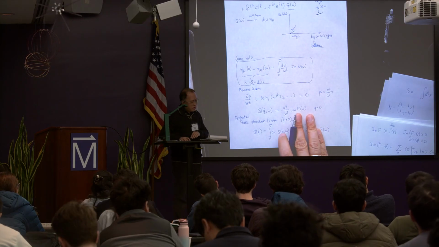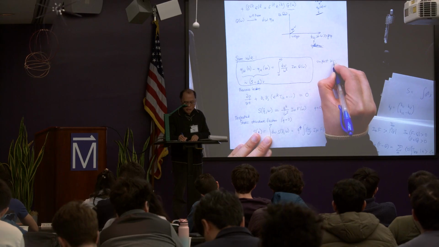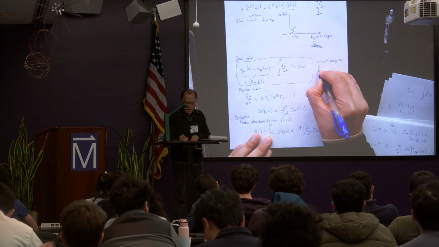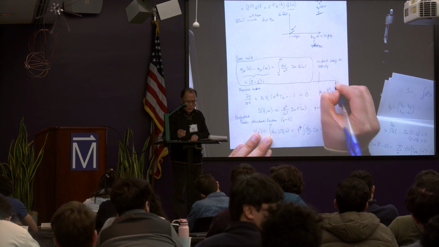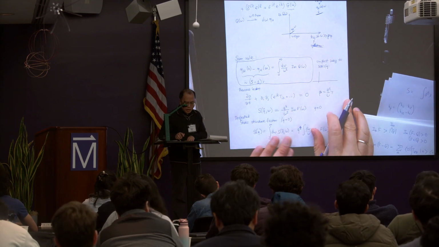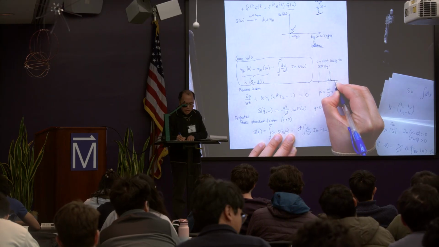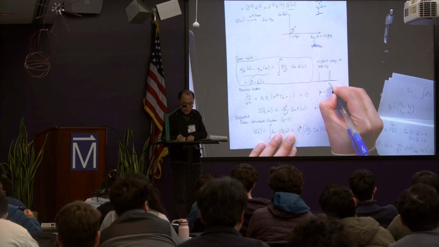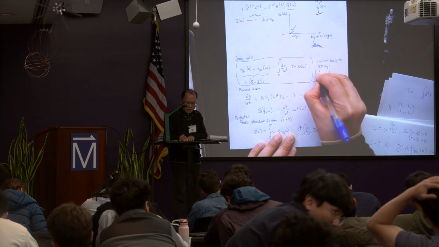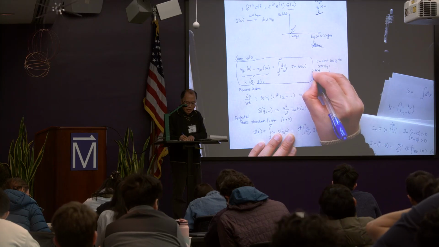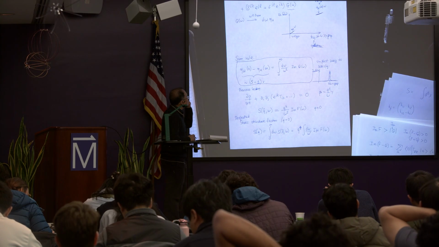The simplest way to satisfy it is to assume that this imaginary part has a delta function at some omega 0 of order the gap, so that the imaginary part of G of omega is equal to that delta function.